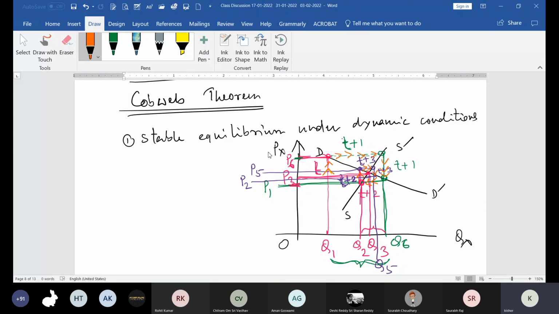Because of that, it is called stable equilibrium under dynamic conditions. Just like a cobweb, you are moving towards the origin, because market forces, meaning demand and supply, are taking care in such a way that you are going back to your original equilibrium position.